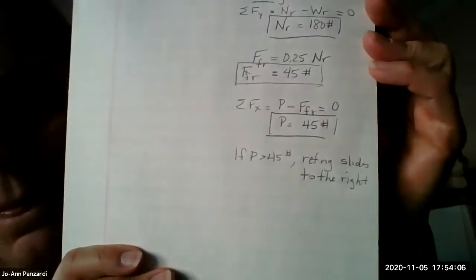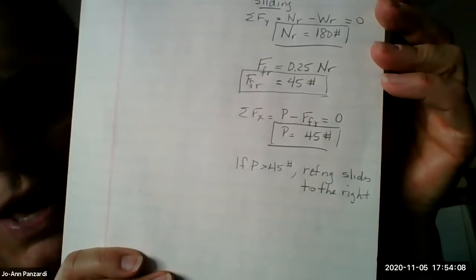So if P is greater than 45 pounds, the refrigerator slides to the right. Okay, everybody good? So that's for sliding.